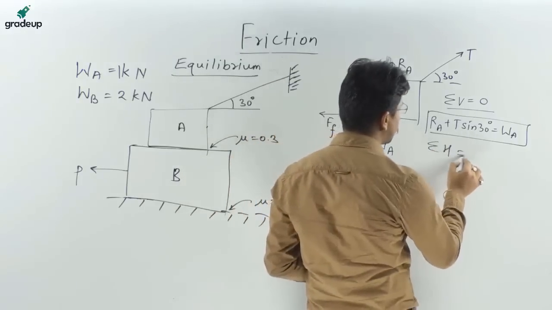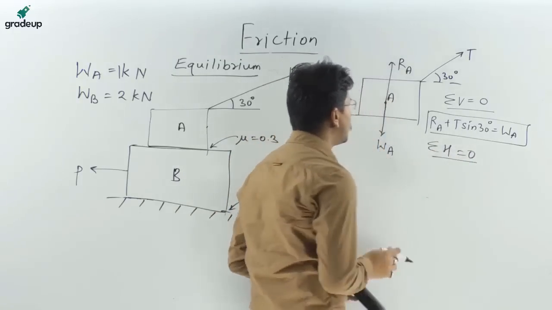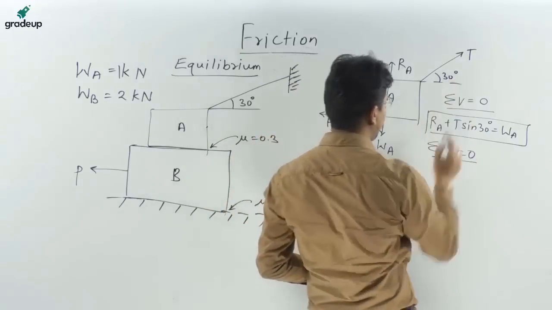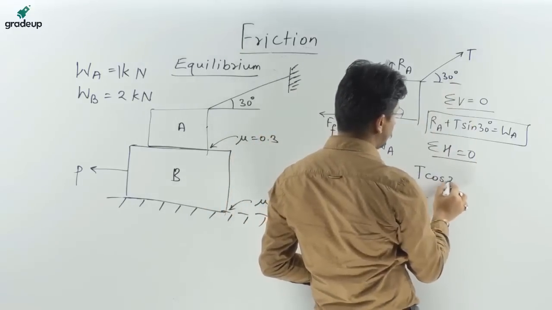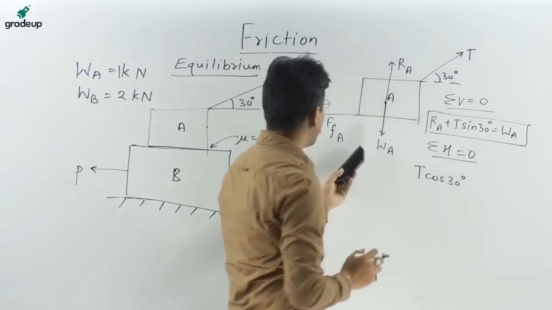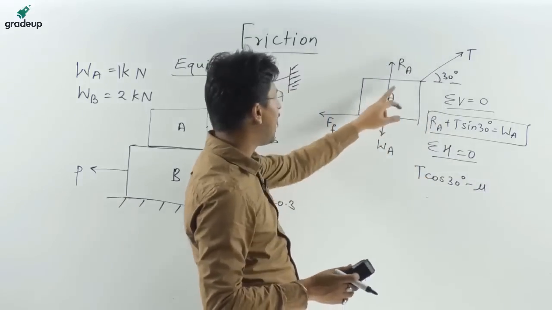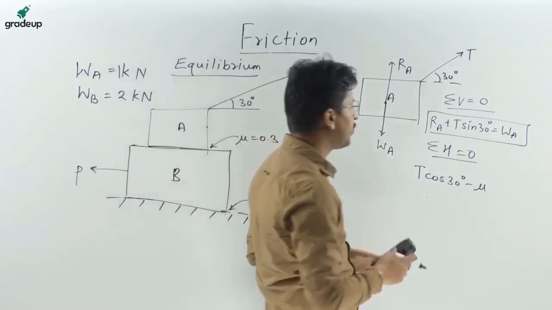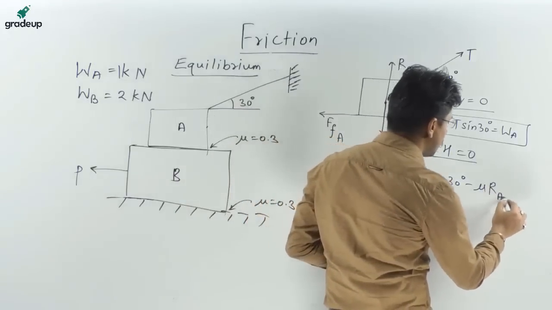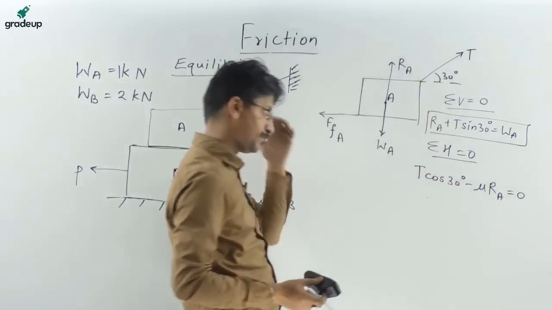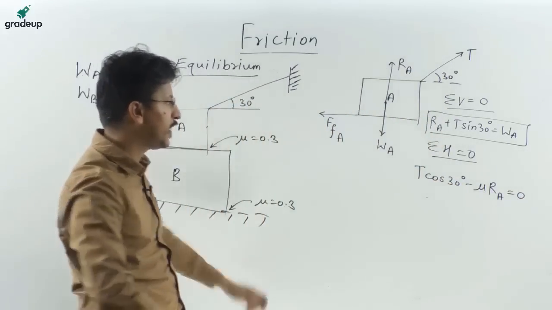Similarly, the summation of forces in the horizontal direction equal to 0. That means T cos 30 degree minus mu RA, because FFA is nothing but mu RA, is equal to 0. Got it?